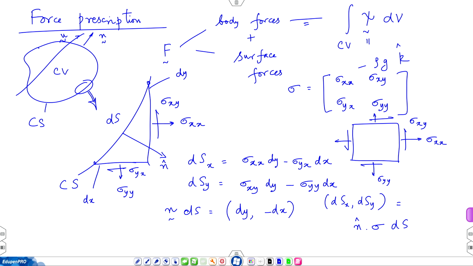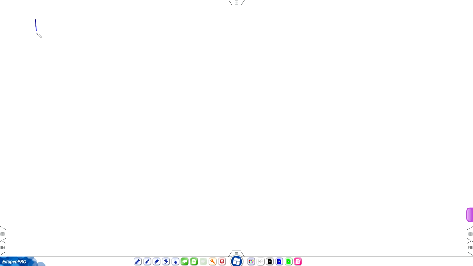So, F is equal to integral over C_S, dV.